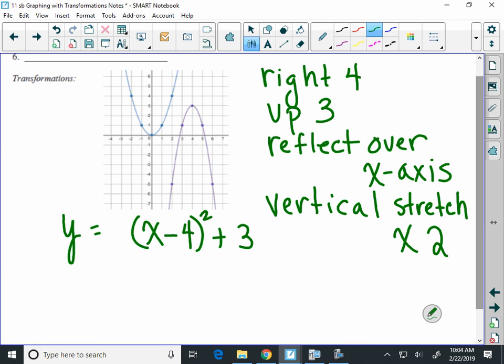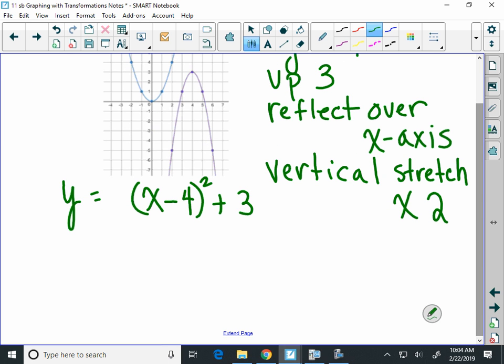The reflect over the x-axis is determined because there's a negative out in front of the function. If it were reflect over the y-axis, it would be inside the parentheses, but it's not. We're reflected over the x-axis, and that's the outside of the parentheses.